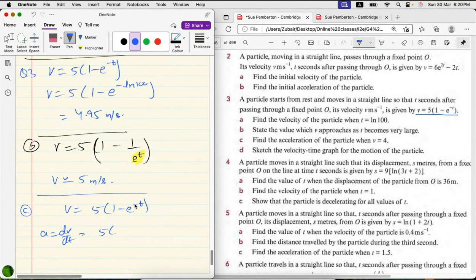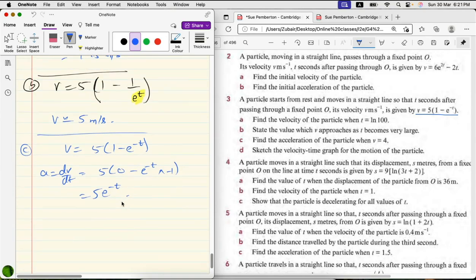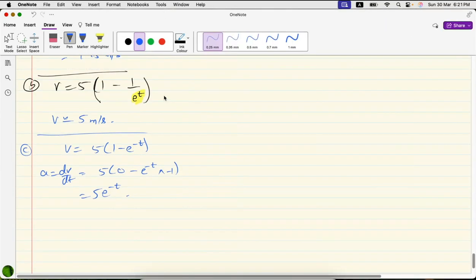The 5 stays there, the constant disappears, and we have the 1 as it is and the differentiation of the power. So that's 5 into 0, that disappears, minus minus plus 5 e raised to power minus t. This is the equation for acceleration, and when v is 4, I need the time.